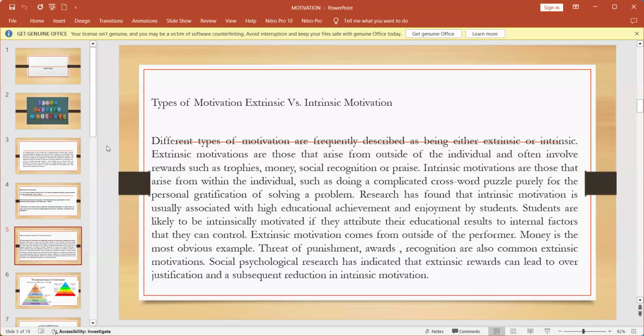Now, I will give an example. A child likes to do lots of play activities or draw art, paintings and all that. It's an intrinsic motivation in the child because the child enjoys the act of drawing. But the mother or father might say, don't waste time. Your exams are close by.